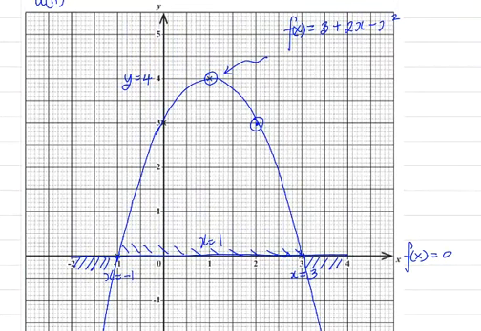Alright, now the gradient of a curve is equal to the gradient of the tangent to the curve. Now, the tangent of a curve at a stationary point is horizontal, where m is equal to 0.